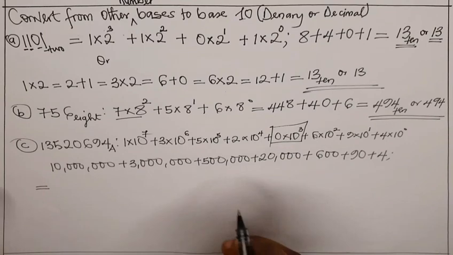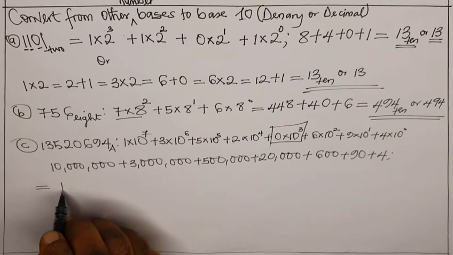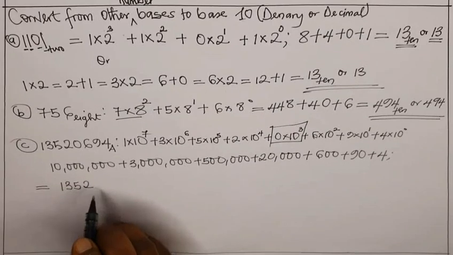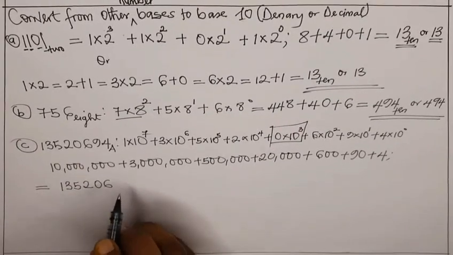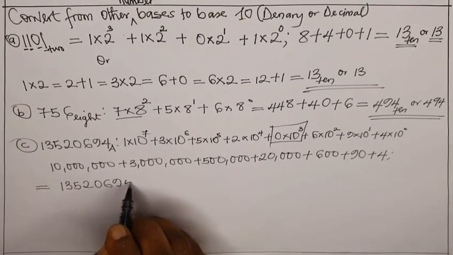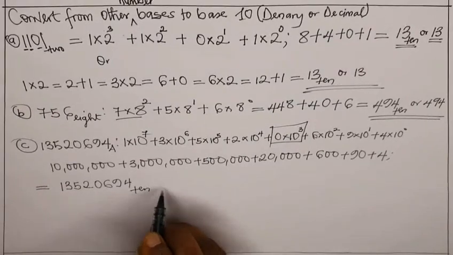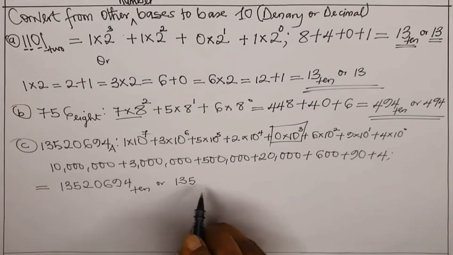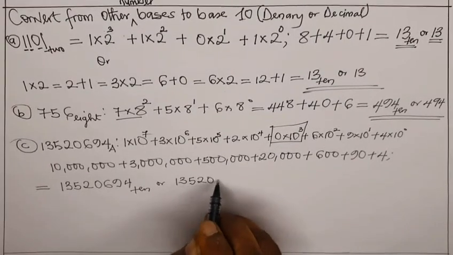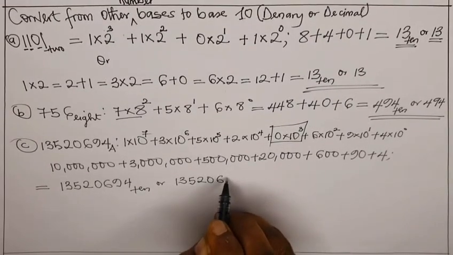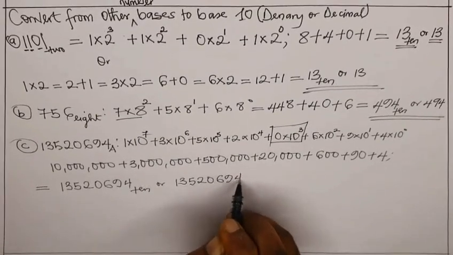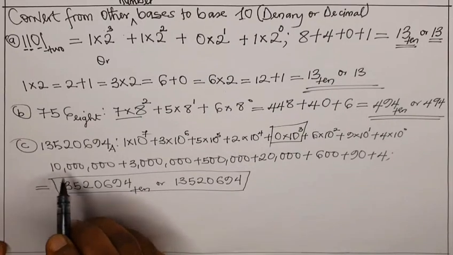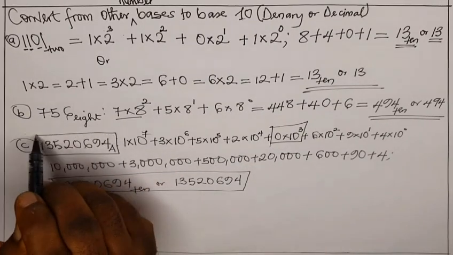That is going to give us a total of 13,520,694 in base 10. Or you can write it without the base 10. Just write it as 13,520,694. Now compare the answer we have right here with the question and see that both of them are exactly the same.